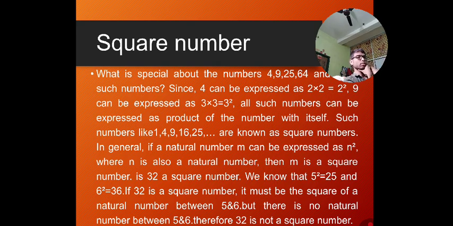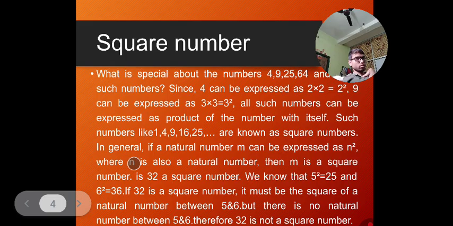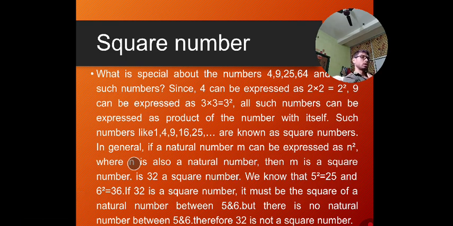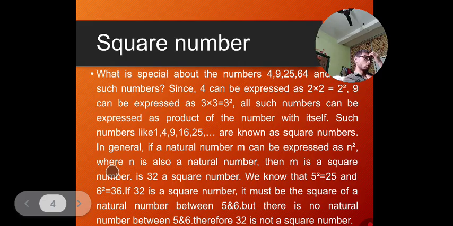We have 25, then what would be the product of 25? Of course 5 times 5. So remember, both should be the same. 2 times 2 is 4, not 2 times 3 or 2 times 5. Both should be the same.